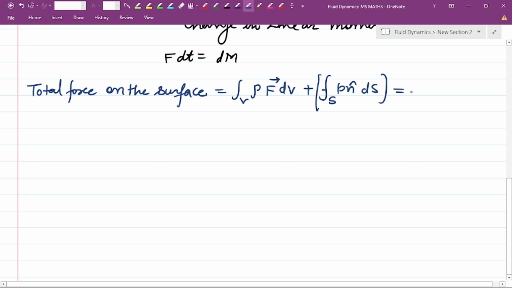Okay, it is basically the change in momentum, where force is basically the change in momentum.